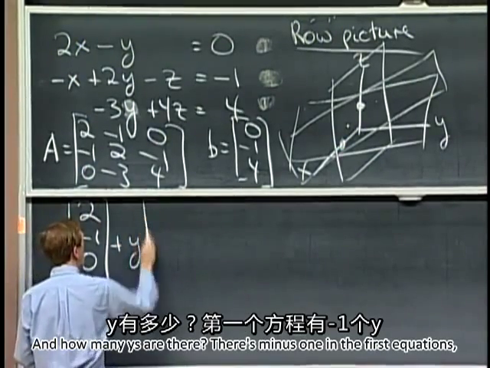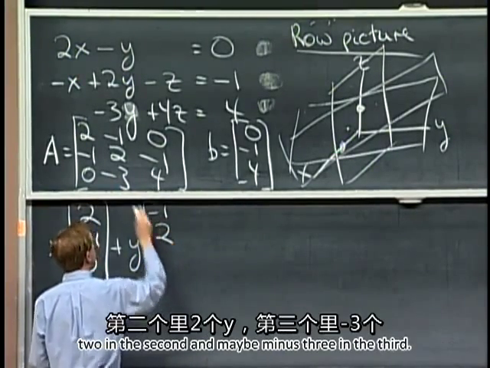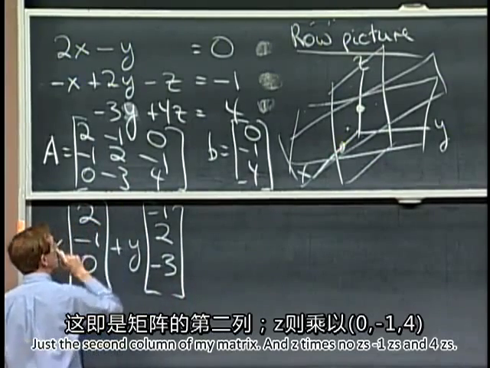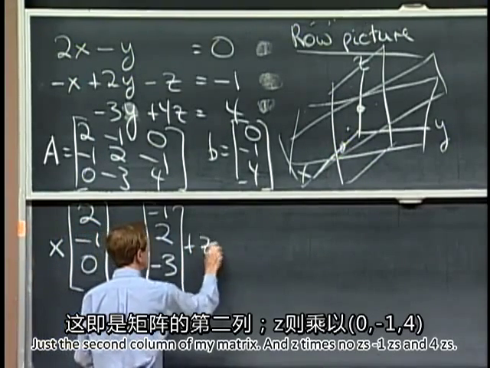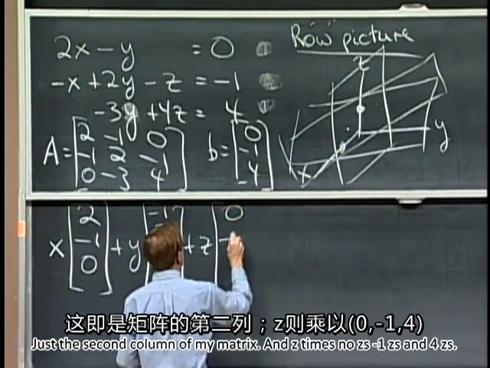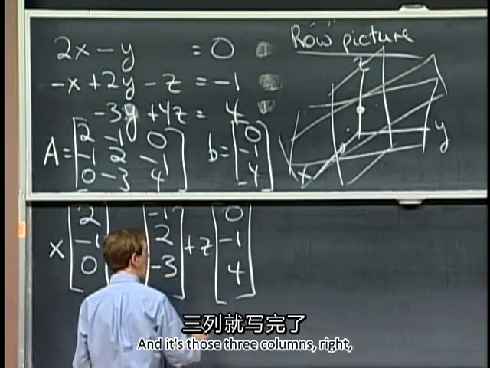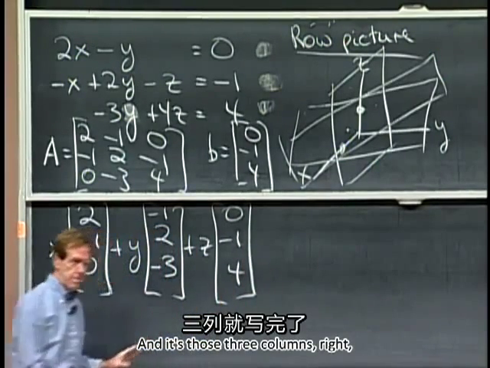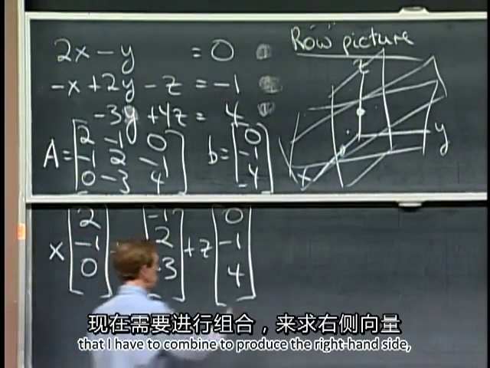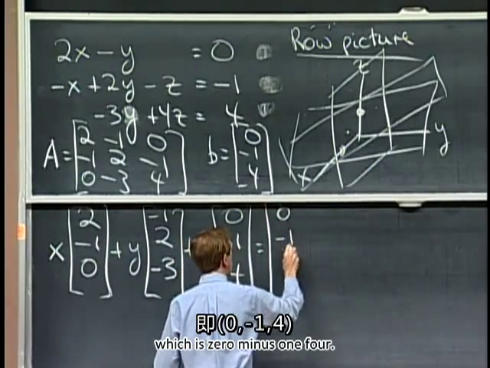And how many y's are there? There's minus 1 in the first equation, 2 in the second, and maybe minus 3 in the third. Just the second column of my matrix. And z times no z's, minus 1 z's, and 4 z's. And it's those 3 columns, right, that I have to combine to produce the right-hand side, which is 0, minus 1, 4.